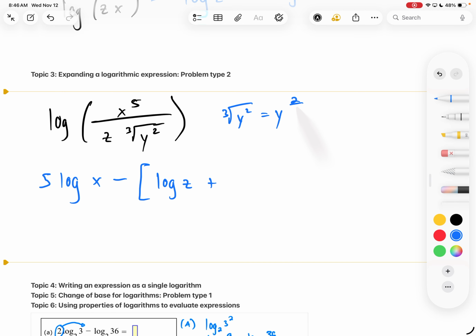You said 1/3, right? But there's a 2 underneath there too, right? So it'd be 2/3, right? Okay. So y, yes, the cube root is 1/3, but since I have y squared underneath, it'd be y to the 2/3. So now I do plus log y to the 2/3. Well, instead of writing 2/3 here, I'm going to write it here.